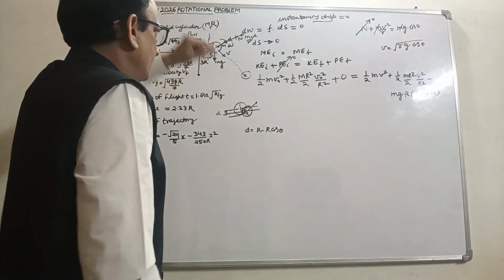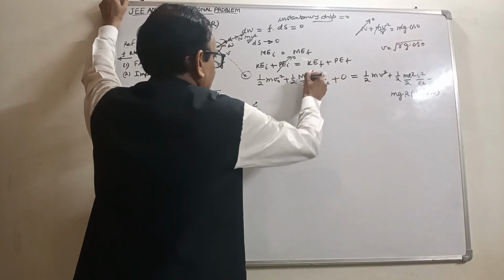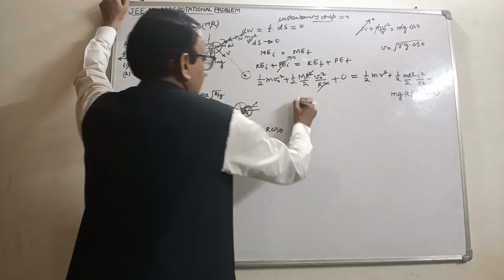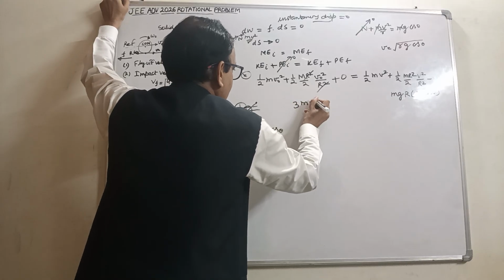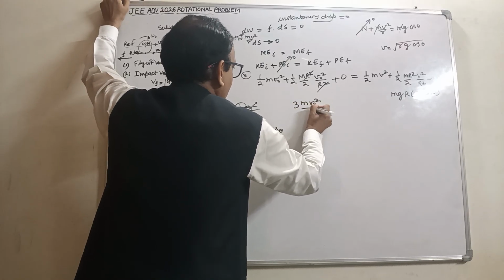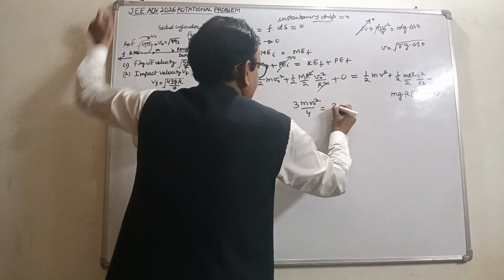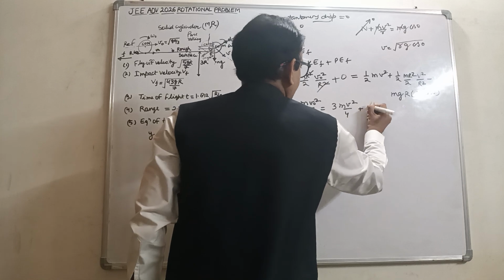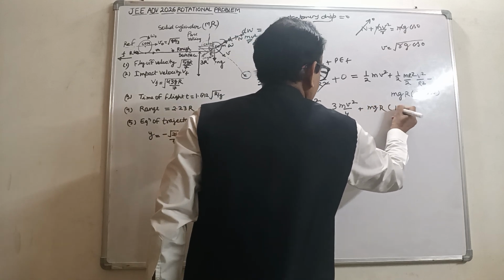So r square cancels, this becomes mv square by 4, and this becomes 3mv naught square by 4 is equal to 3mv square by 4 plus mgr times 1 minus cos theta.